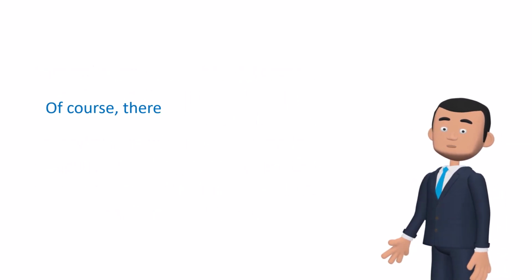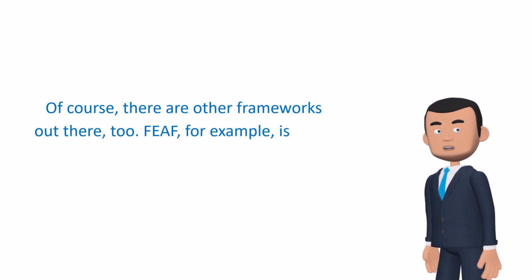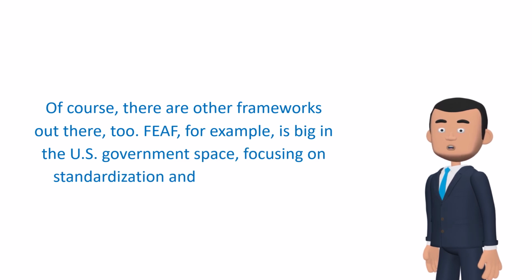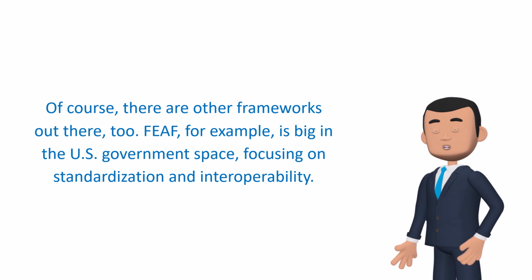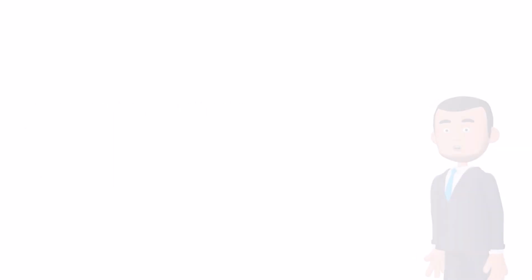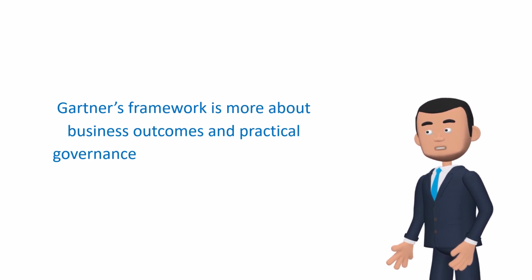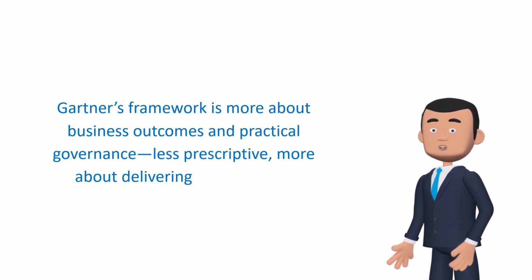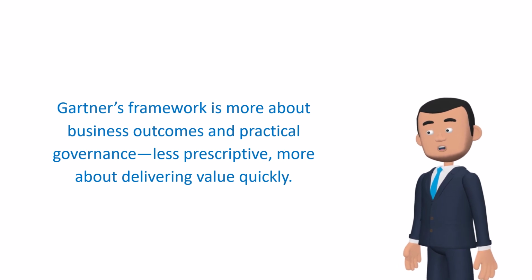Of course, there are other frameworks out there too. FEAF, for example, is big in the U.S. government space, focusing on standardization and interoperability. Gartner's framework is more about business outcomes and practical governance, less prescriptive, more about delivering value quickly.